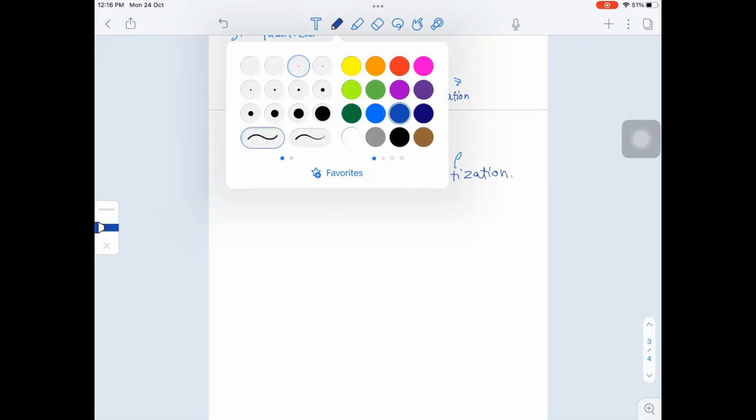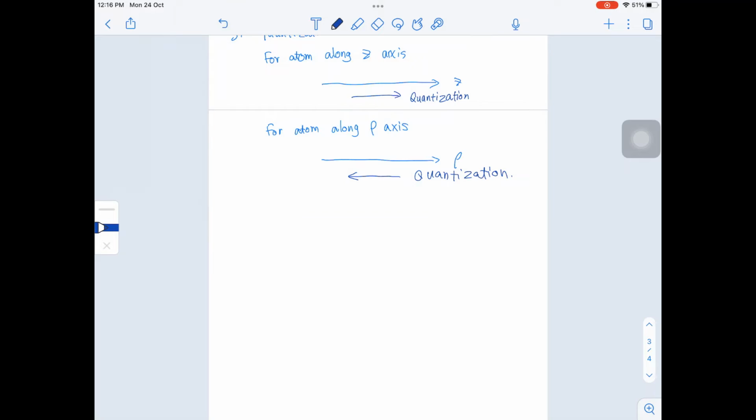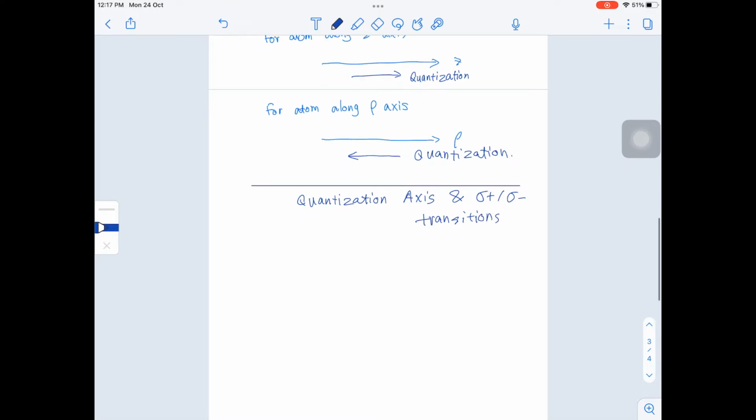Okay. For example, if you have quantization axis, this is your quantization axis.